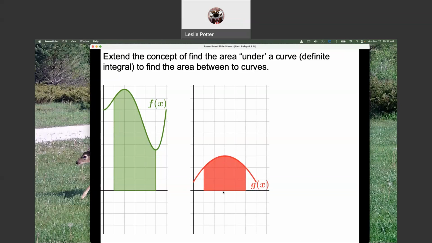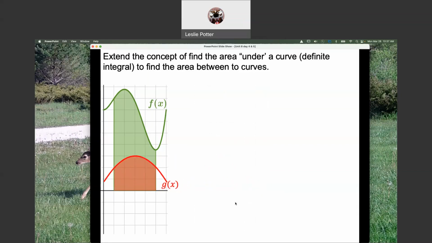But sometimes we don't want to just get this region that's bounded on the bottom by an axis. Sometimes we want to get the region that's bounded by an upper and a lower curve. And so what we literally can do is melt those two together and say, well, if I want to know that region in the middle, let's call that the blue region, then I can just take the green region and subtract the red region from it.